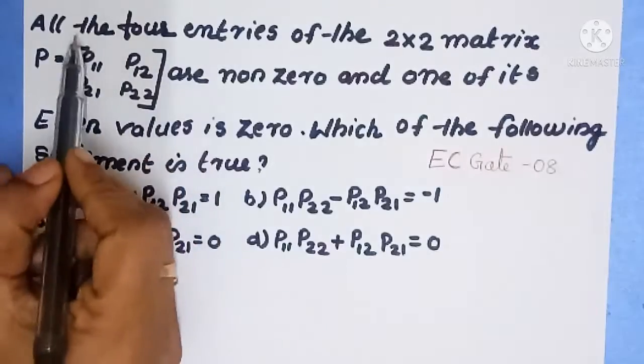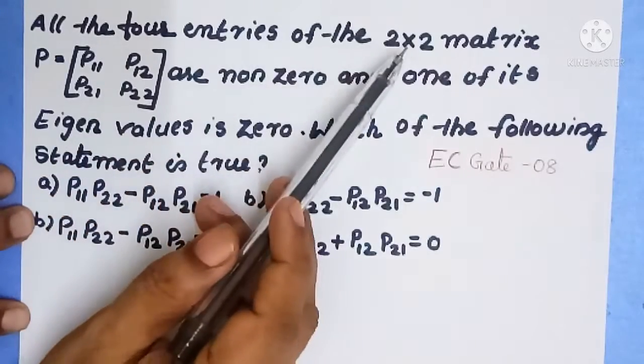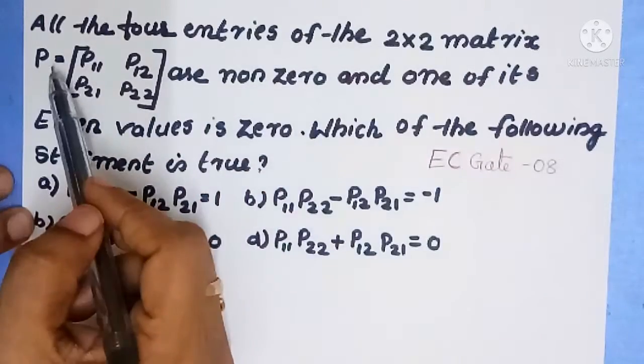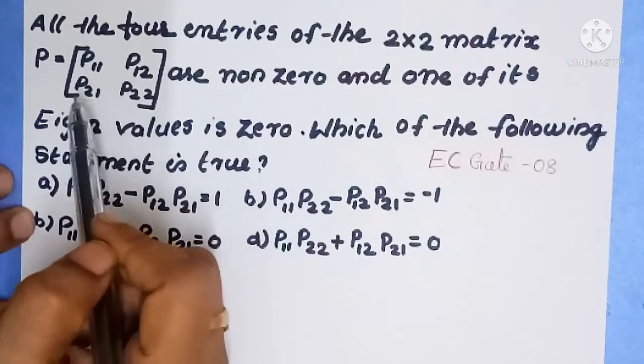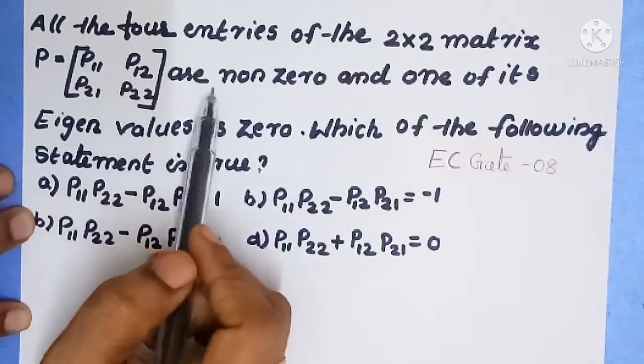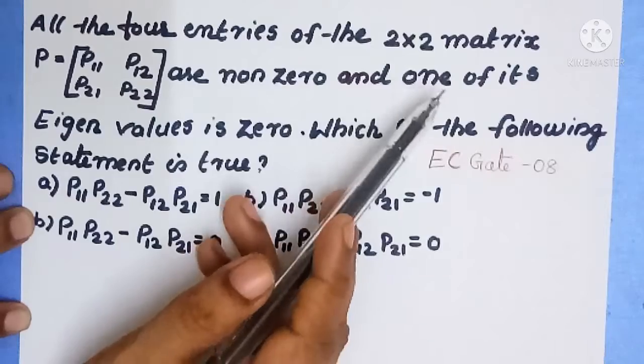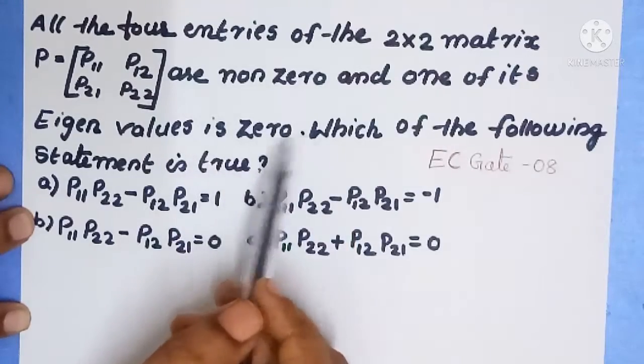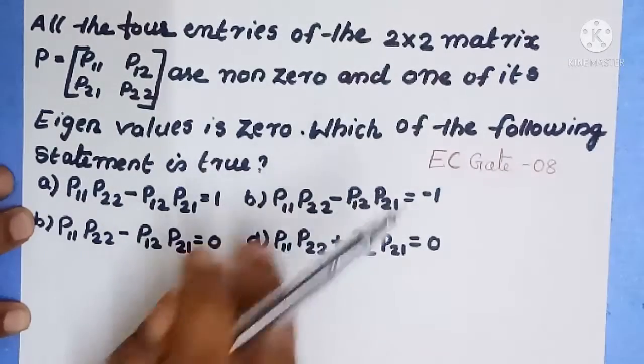Next question: all four entries of the 2 by 2 matrix P, that is P11, P12, P21, P22, are non-zero and one of its eigenvalues is 0. Which of the following statements is true?